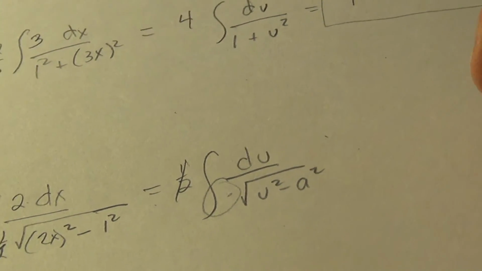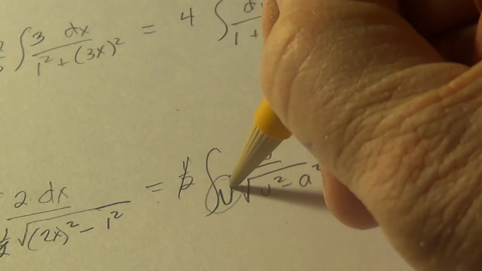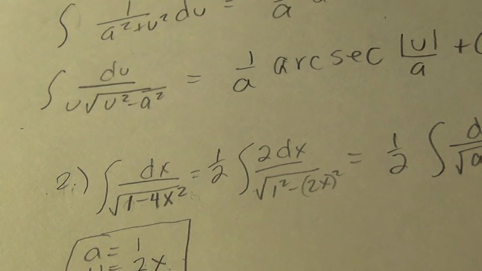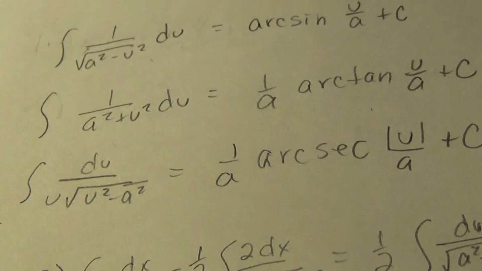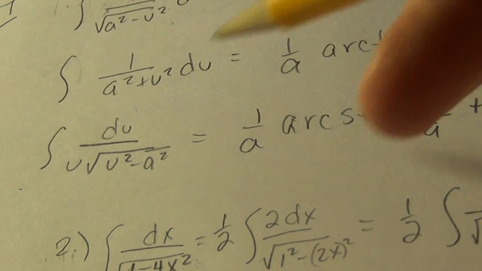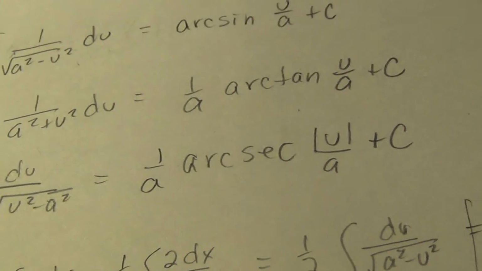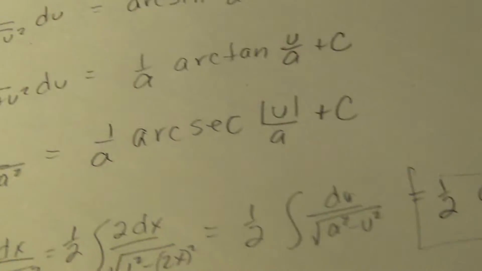So now there is a u there, and we can't really move ahead unless it is exactly like the formula. So the formula matches exactly, so we want 1 over a, arcsecant, absolute value of u over a plus c.